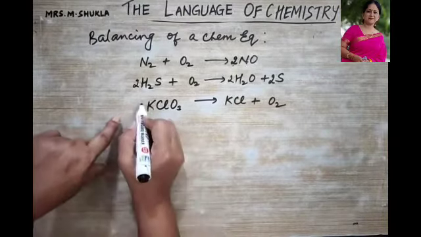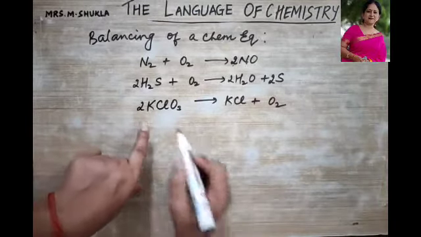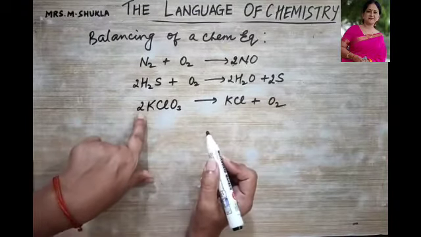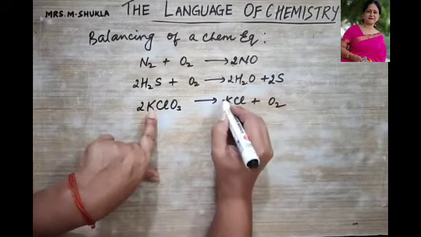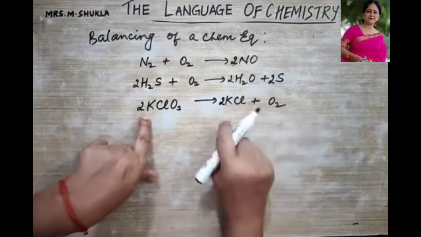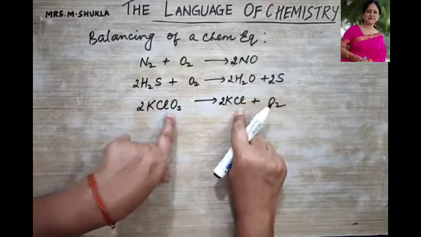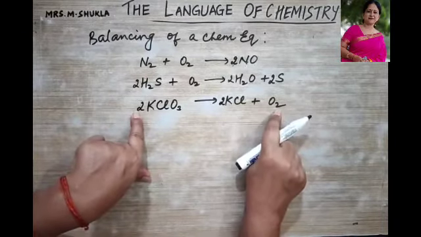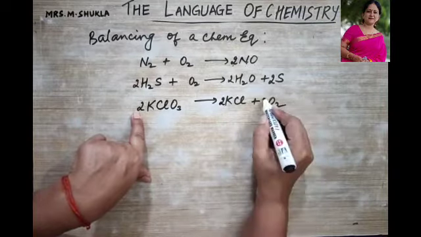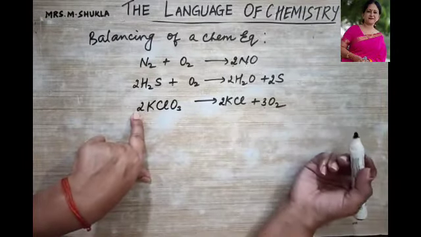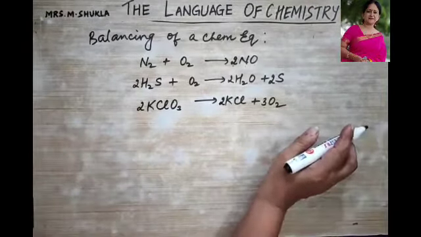So what if I write 2 over here? It becomes 2 potassium, 2 potassium, 2 chlorine, 2 chlorine, but oxygen: 3 2s are 6. Oxygen is only 2 over here. If I write 3, 3 2s are 6. Is your equation balanced?